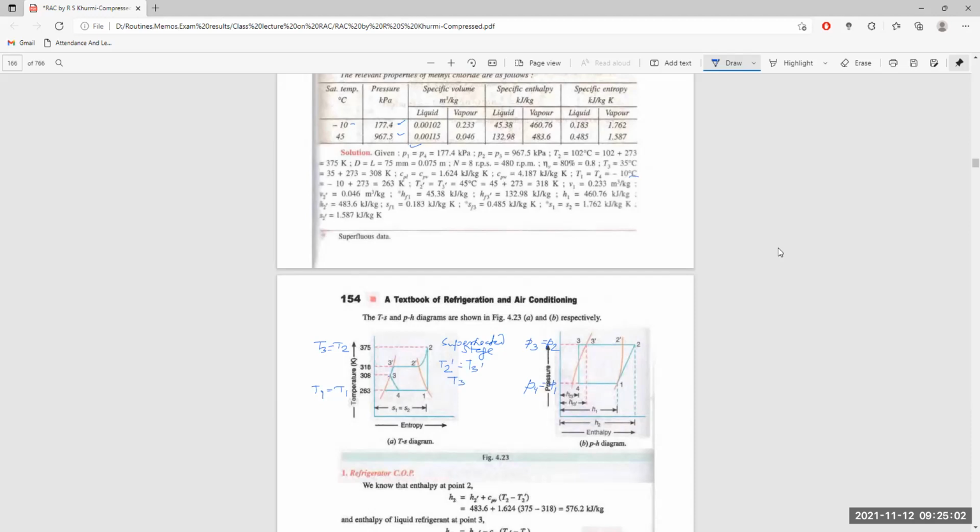Then the diameter and length of the compressor are given as 0.075, and the speed is 8 revolutions per second, 8 multiplied by 60 is 480 revolutions per minute. The volumetric efficiency is 80%, and T3 is given as 35 degrees centigrade.